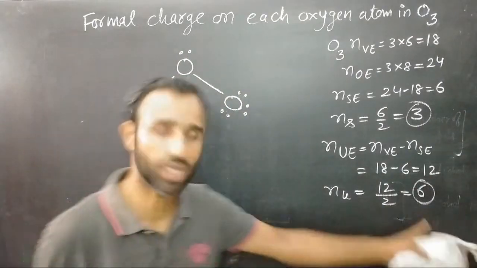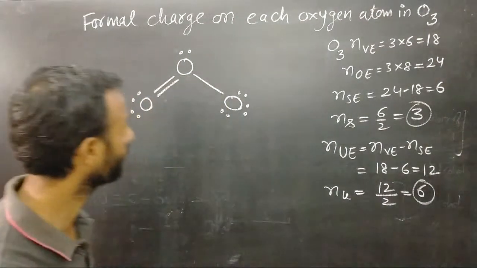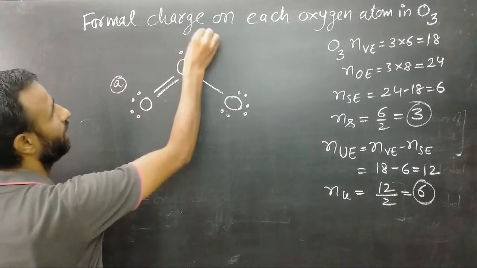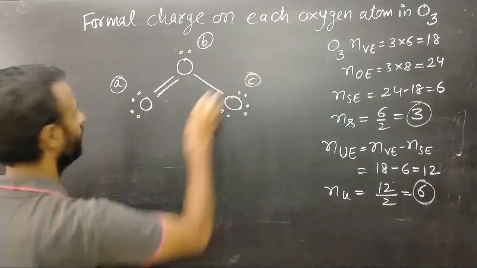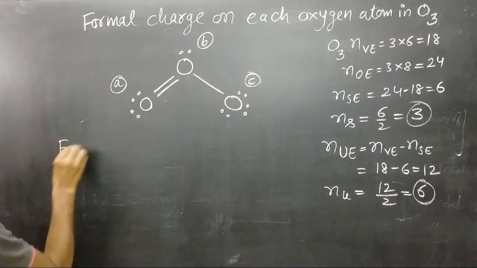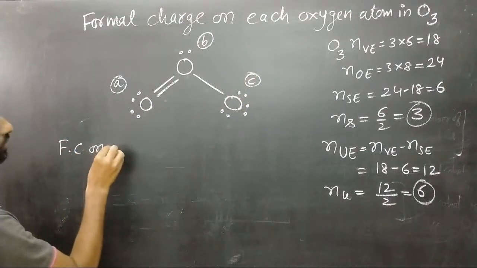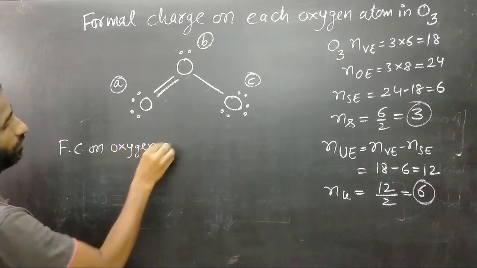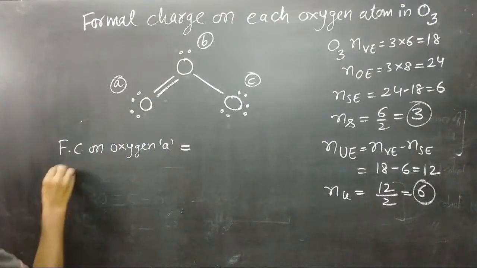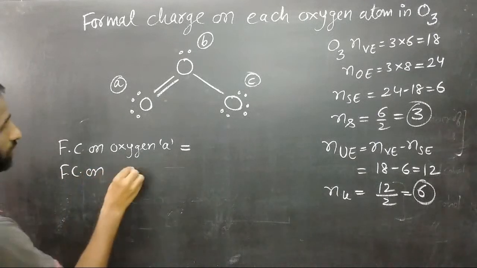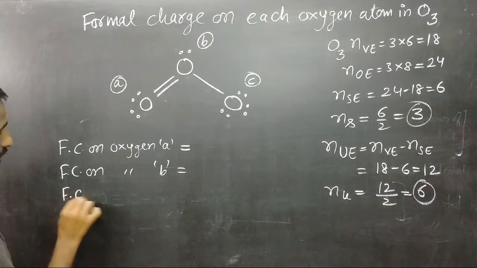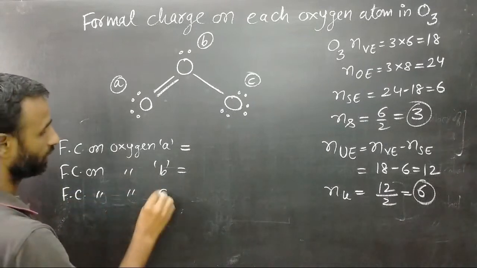So 6 unshared pairs. That's it. So take it as A, B and C. So what is formal charge on oxygen A? Formal charge on oxygen B. Formal charge on oxygen C.